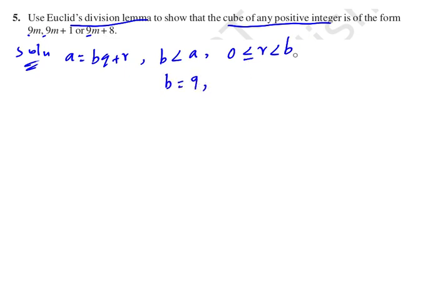If we substitute b equal to 9, we can get the values of r: 0 less than or equal to r less than 9. So r equal to 0, 1, 2, 3, 4, 5, 6, 7, 8, and r should not be equal to 9 because r is less than 9. So we have to take the values of r up to 8.